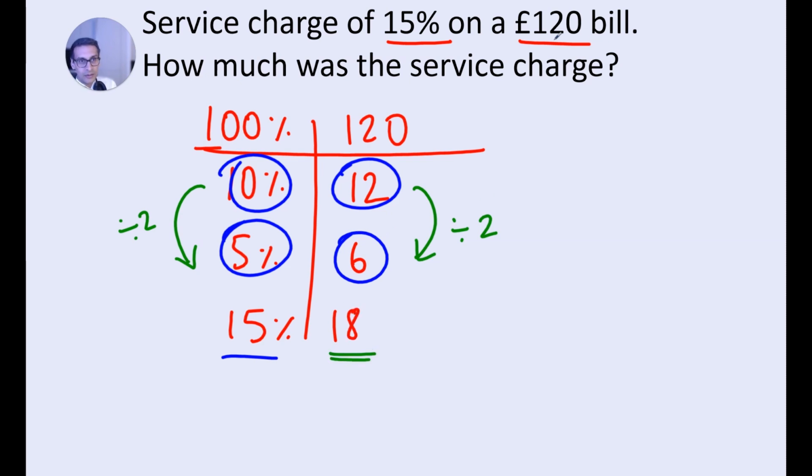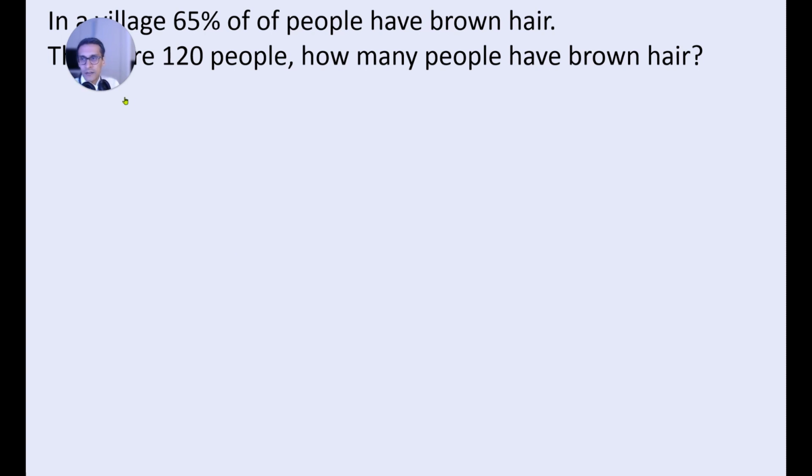Now in this case, it's actually currency. We're looking at money. So 15% of 120 pounds is equal to 18 pounds. So that's our answer. Now, have a look at this question, pause the video and have a go, and then we can go through it together.